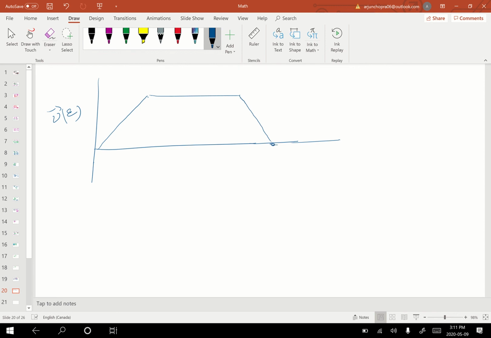What's happening in this one? Let's say we are asked to find the displacement by reading the velocity time graph. Again, I'm going to take a simple number, 5 meters per second. Velocity is in meters per second, and the time here is let's say 10 seconds, then 20, and then here 25.